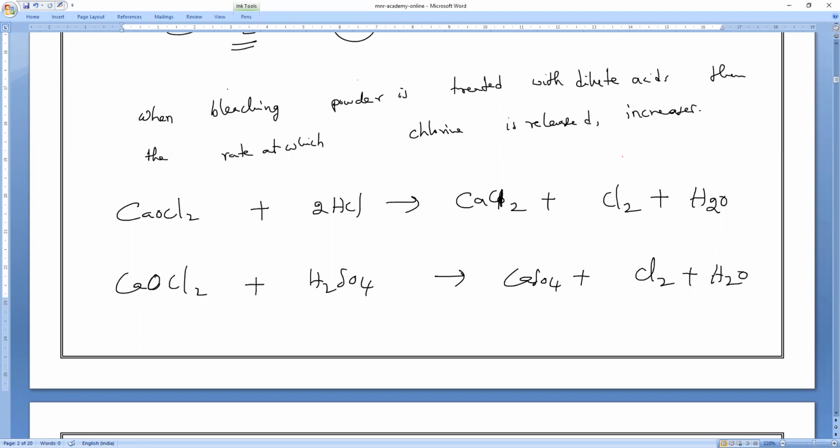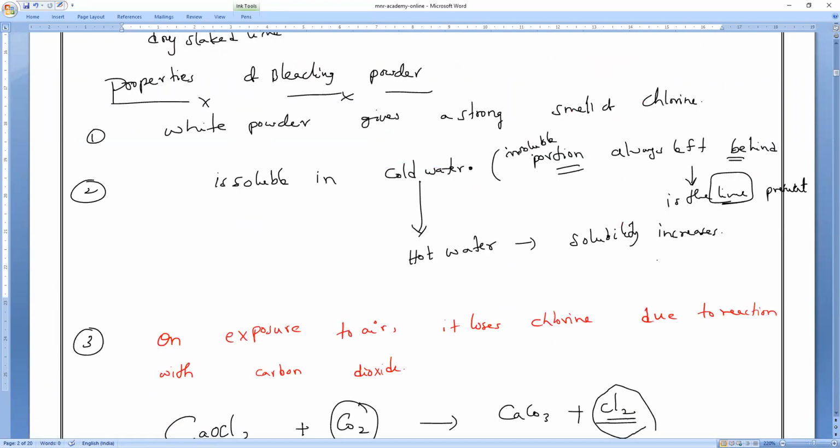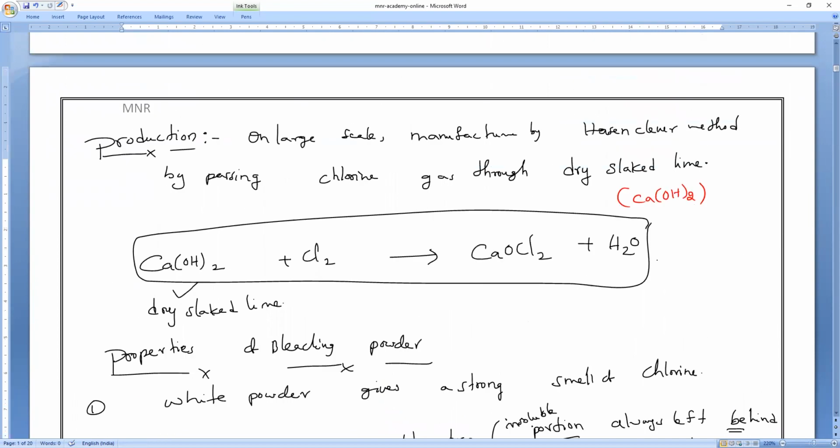Clear, everyone? So what is the real bleaching agent present in the bleaching powder? Chlorine. Note that word. But why do we prefer bleaching powder? Why can't we use chlorine directly? It is a gas, and storing it is very difficult, and utilizing it is also difficult.